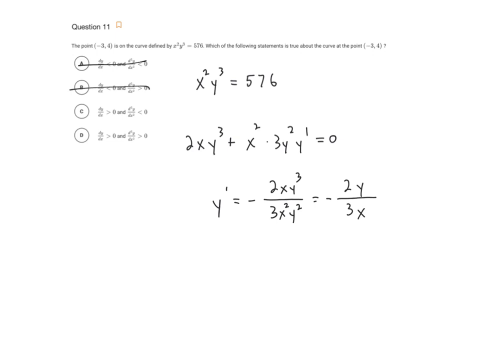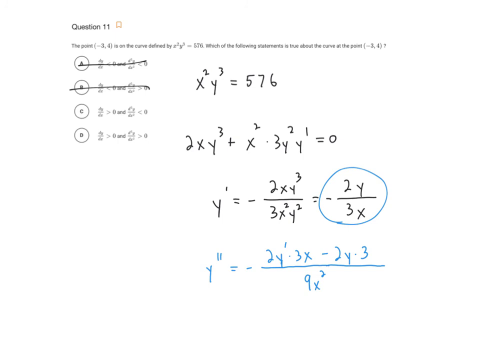Okay, so let's take the derivative again. I'll take the derivative of that. So we'll do quotient rule. Okay, derivative of the top times the bottom minus top times the derivative of the bottom, all over the bottom squared.